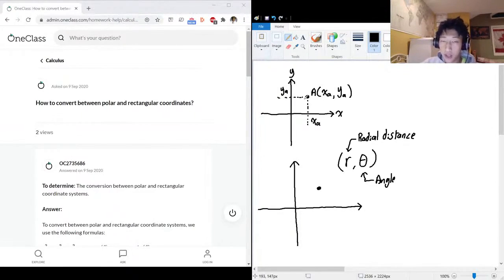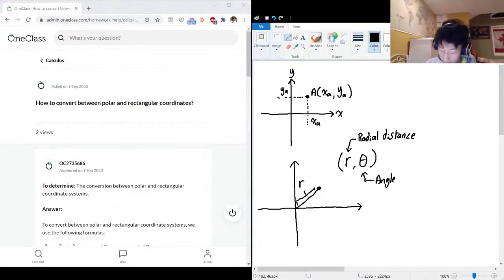So you see how A is defined like, okay, first we go a certain amount along the x-axis. We'll call that xA. And then we go up in the y direction by a certain value, yA, to find our point A. Here we're going to do something similar, except first we're going to find our angle. Just to show this visually, this distance here, that's r.